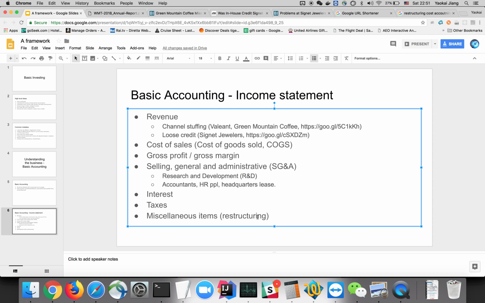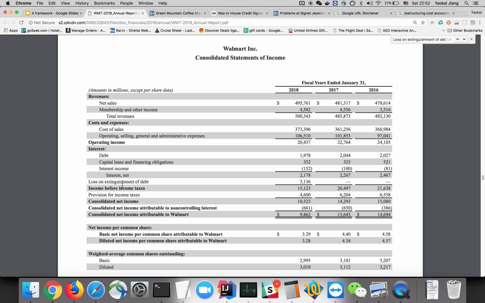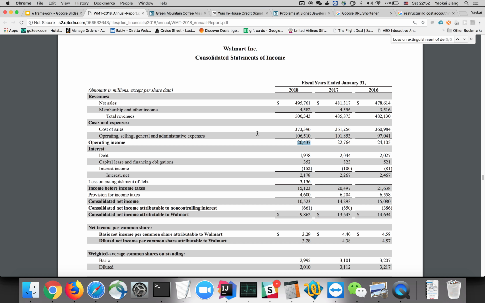So basically, these are known as non-operating costs. These are not supposed to be recurring, and anything recurring should be in the operating part. So anything above the operating income line is the operating part of the income statement.